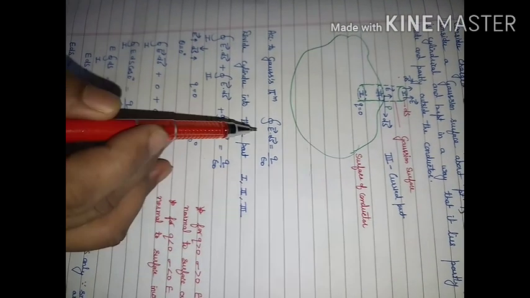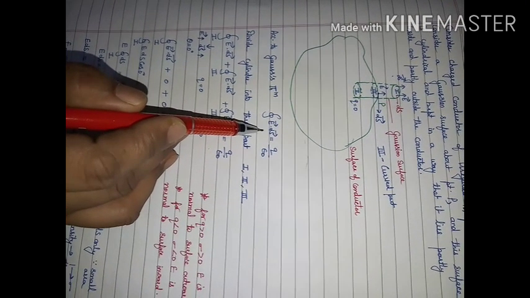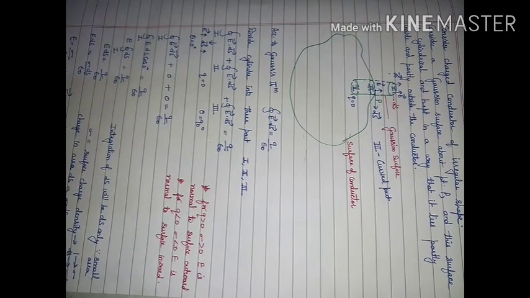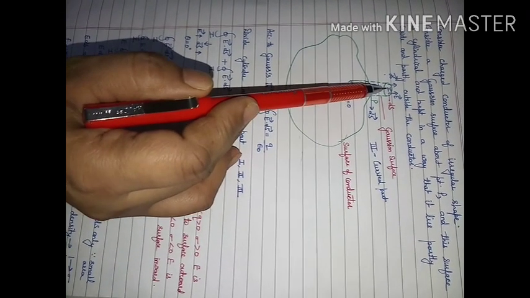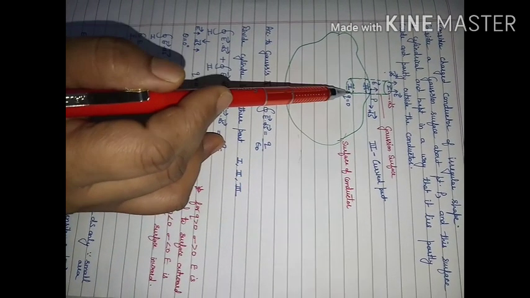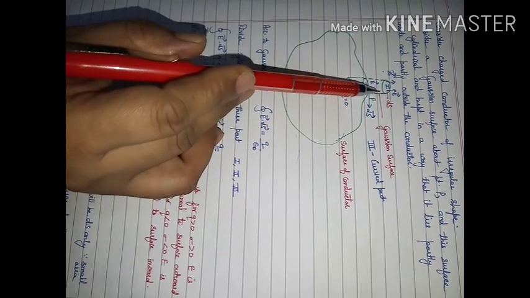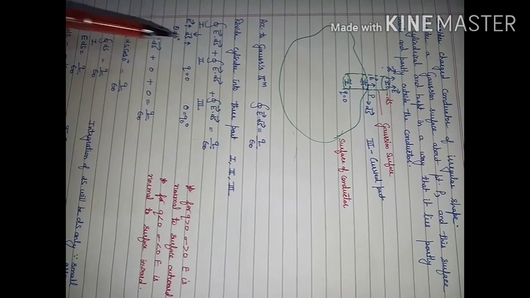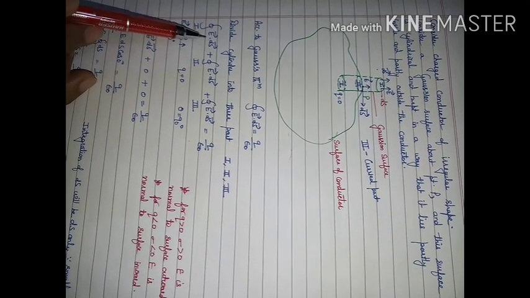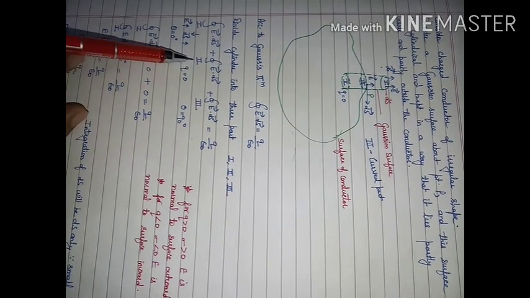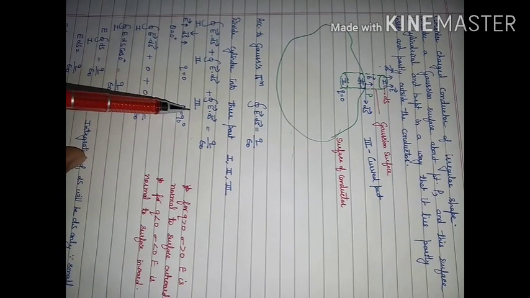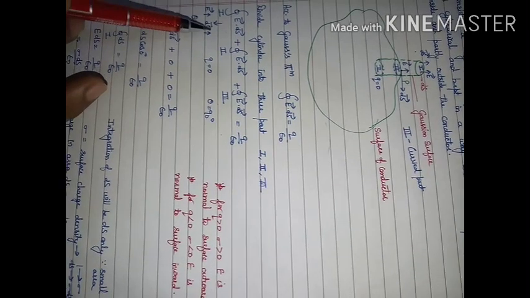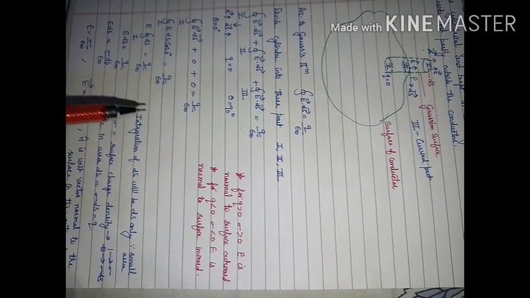To solve the left hand side, we will divide this cylindrical surface into 3 parts. First is the upper one, second is this one, and third is this curved one. So this step we can write as the surface integration for the first part, for the second part, and for the third part. Each will be E ds cos theta. We will see the value of theta for the different surfaces.